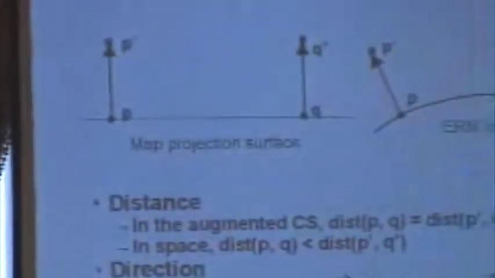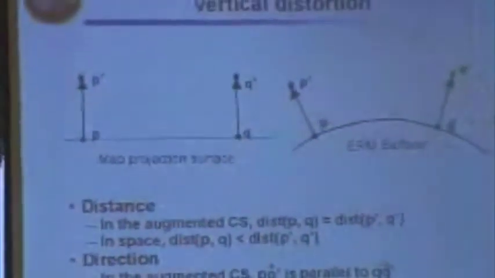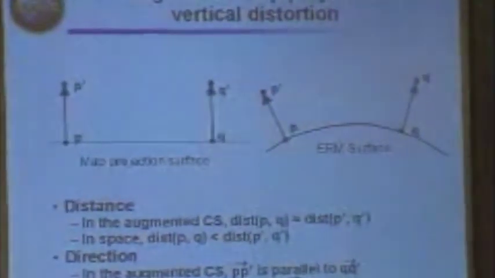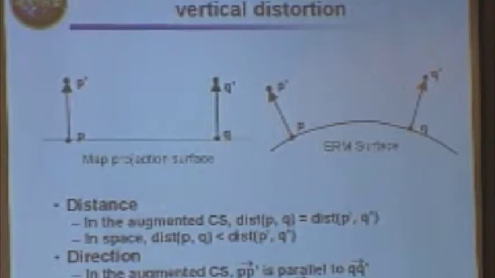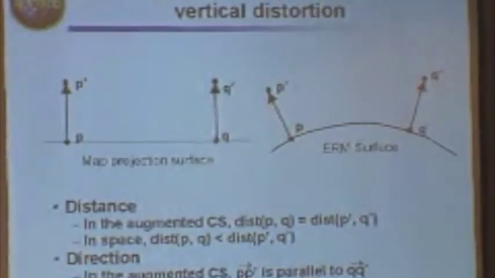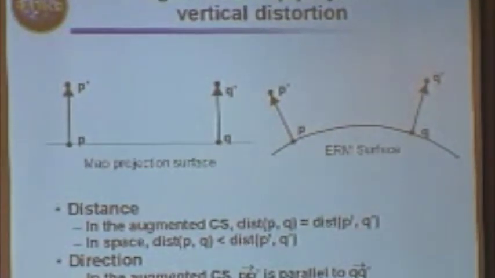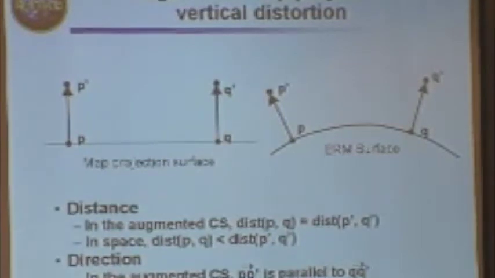And I'm going to give you an example of that. If your eye goes to the right first, looking at an Earth model surface, it looks like a piece of an oblate spheroid, and you have two points, P and Q, and you draw the perpendicular so that the points Q prime and P prime can be thought of as in geodetic coordinates, at some lat long and a perpendicular height called geodetic height. After you map them over to the left onto the map projection surface, they look like this. Well, over on the right, they weren't parallel.